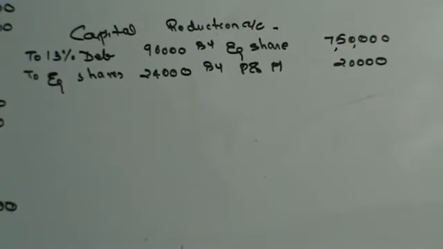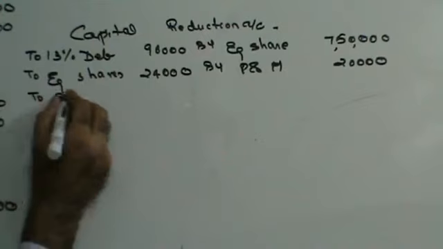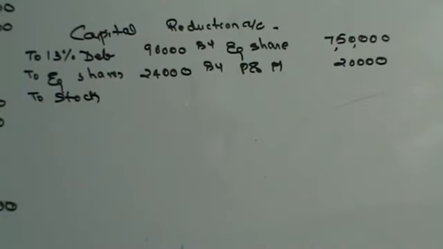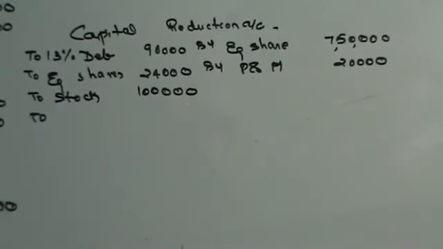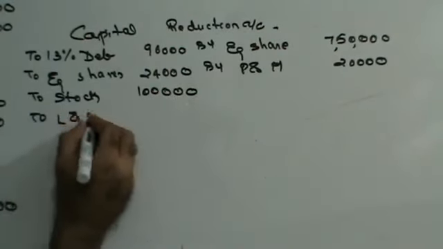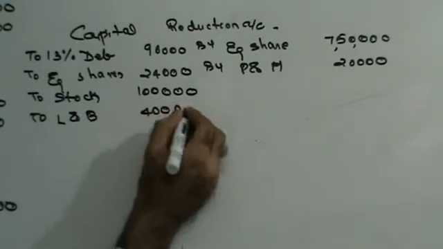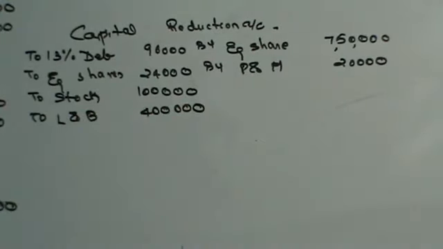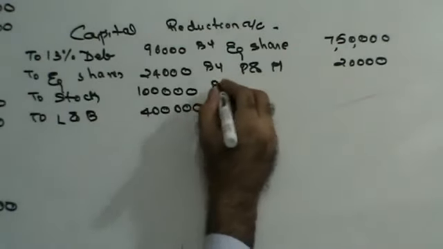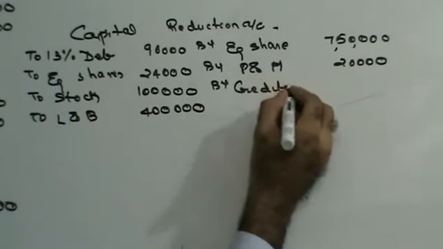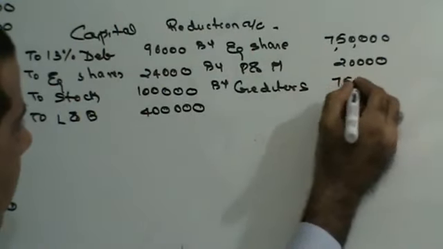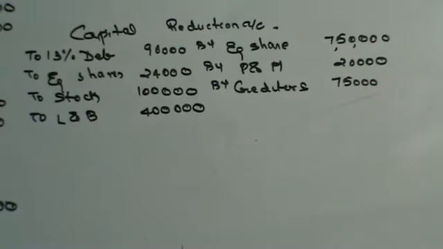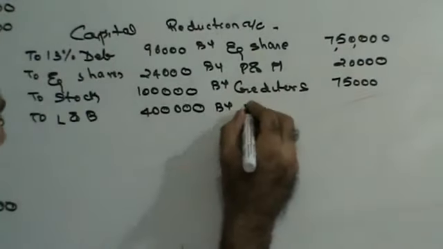Then you have capital reduction on the debit side to stock is 1 lakh, and to land and building is 4 lakhs. Then you have capital reduction on the credit side by creditors 75,000. Then you have capital reduction on the credit side by loan.